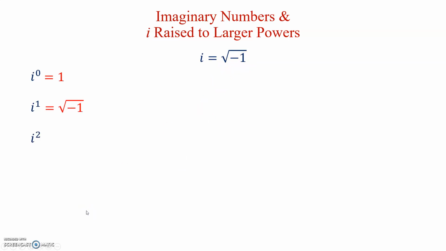If we were to square i, well, what will happen is I'm showing that the square root of negative 1, which is i, squared. That square root and square essentially cancel each other out, leaving me with just negative 1.